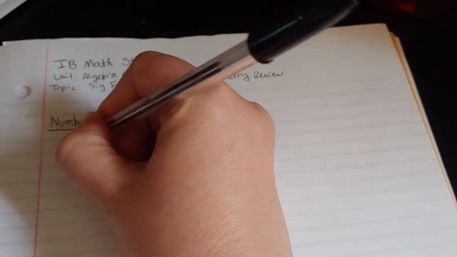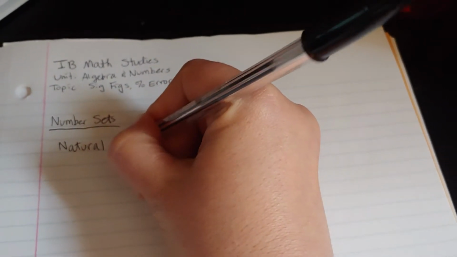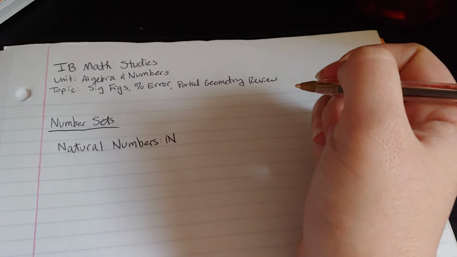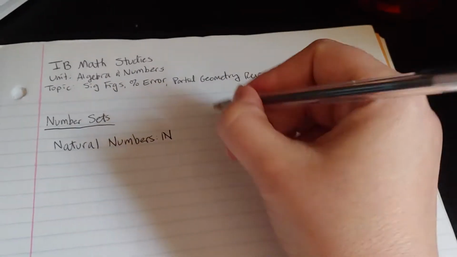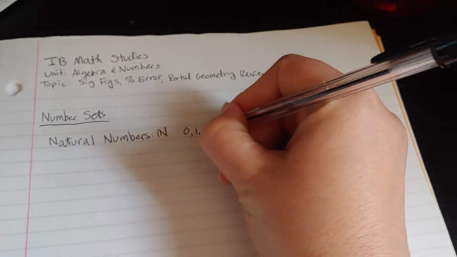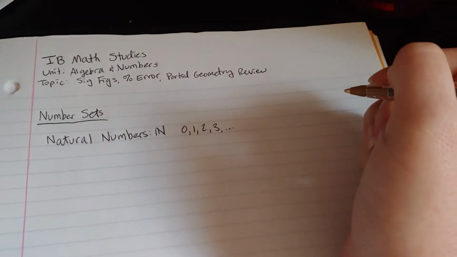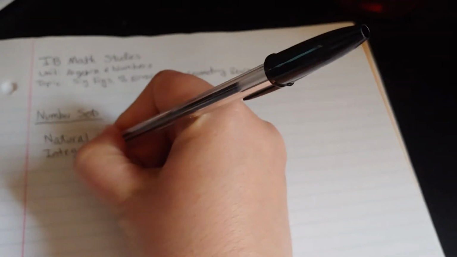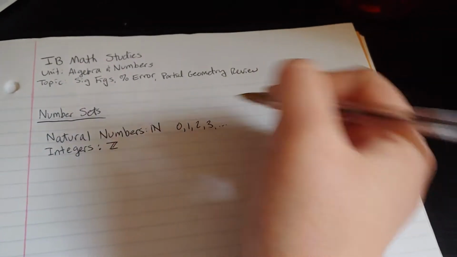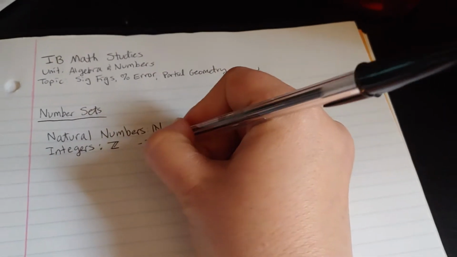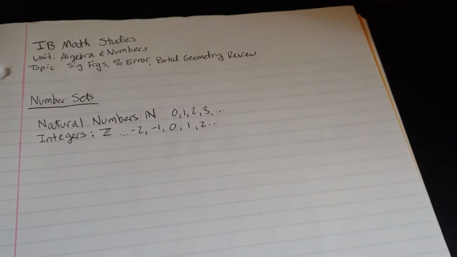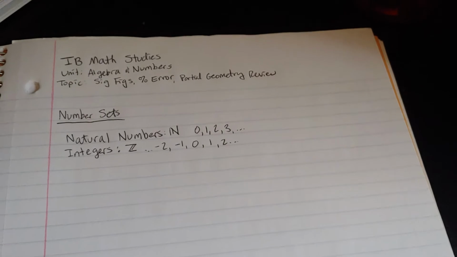We have natural numbers, and your natural numbers are your counting numbers: 0, 1, 2, 3, etc. We also have our integers, which is our fancy Z. And that's our -2, -1, 0, 1, 2, going both ways there in different directions.